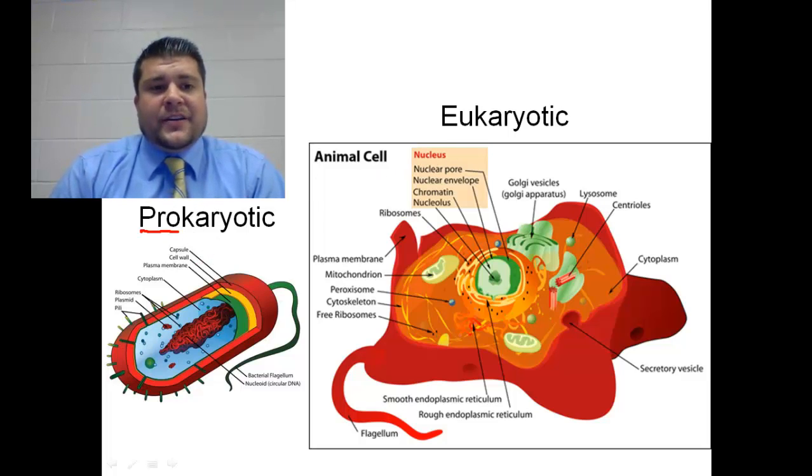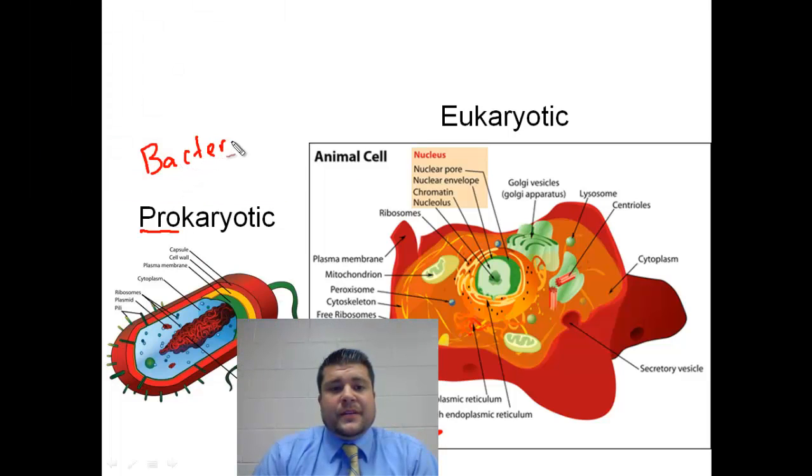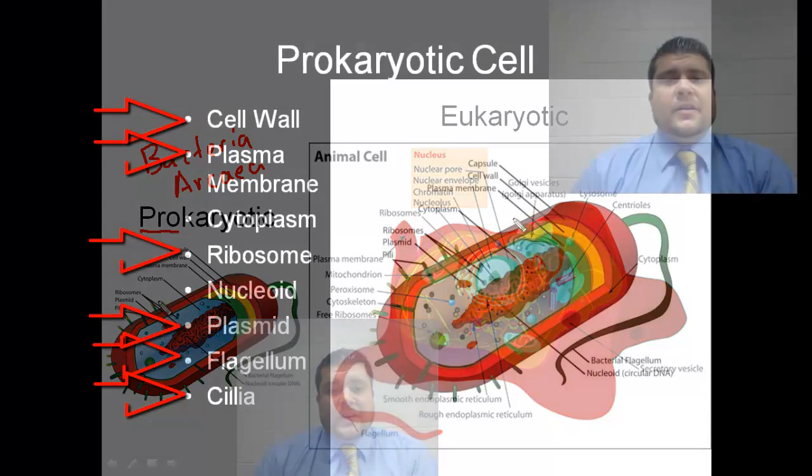And the prokaryotic, you're going to see lots of bacteria and archaeobacteria. These are going to be the two main categories. And eukaryotic cells are going to be plants, fungus, animals, and protists. So you're going to have lots of different variations of these two.